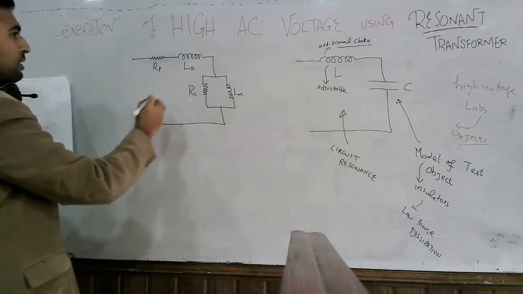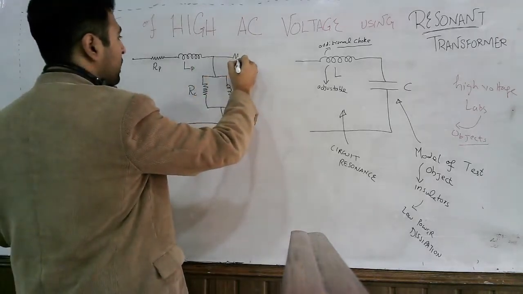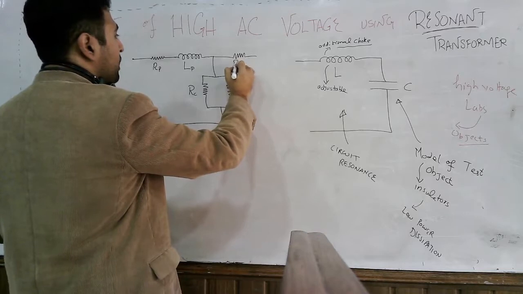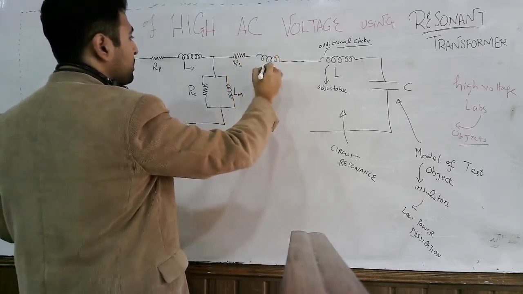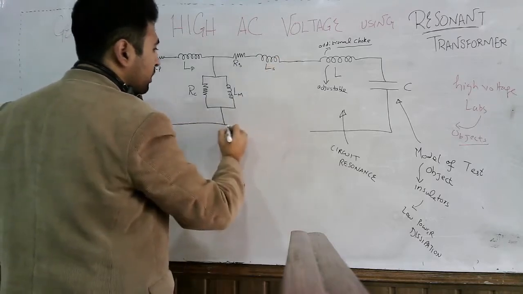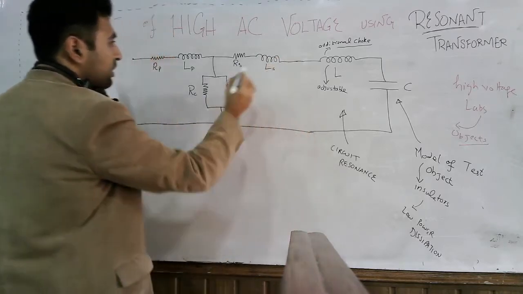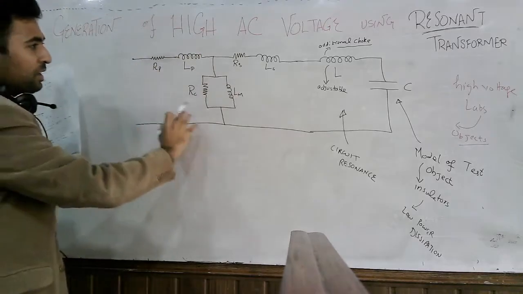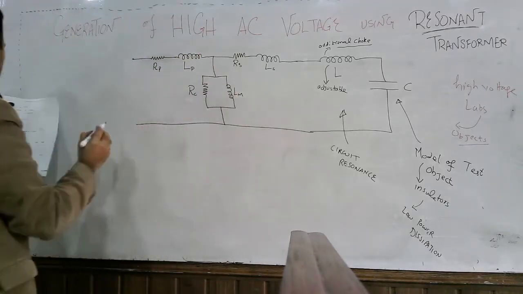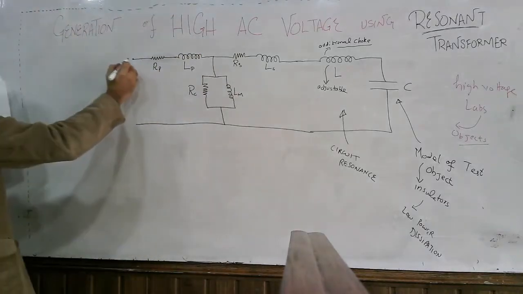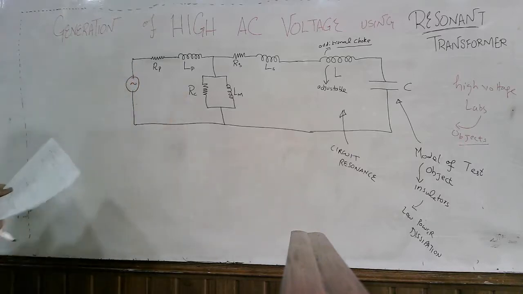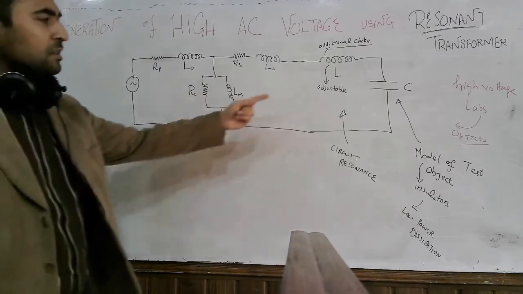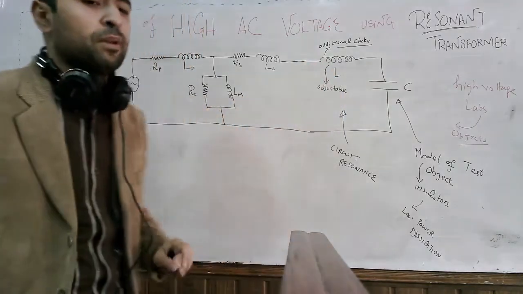And this is the equivalent circuit model here. Then we have the resistance of the secondary winding, and the inductance of the secondary winding. So this is the equivalent circuit model of the transformer, and this is an additional choke, and here you have the capacitor.